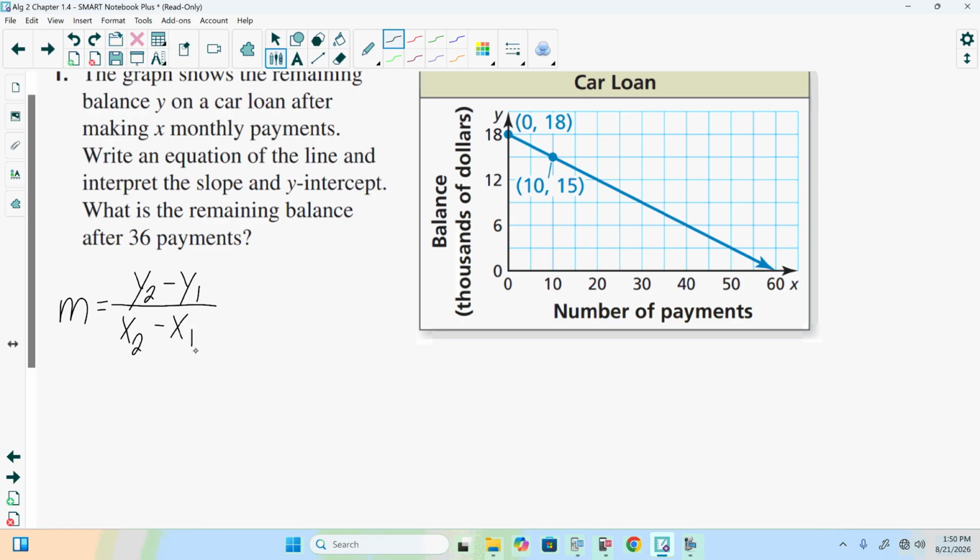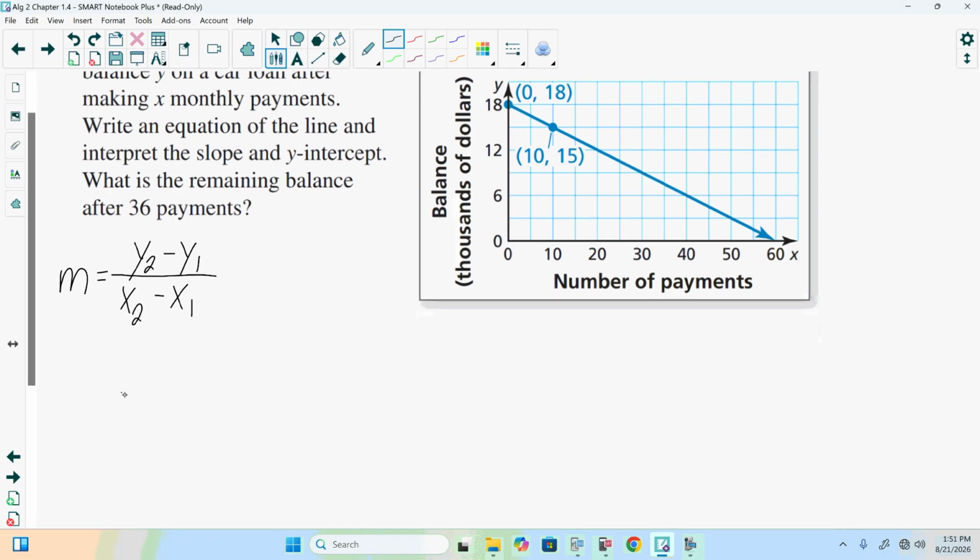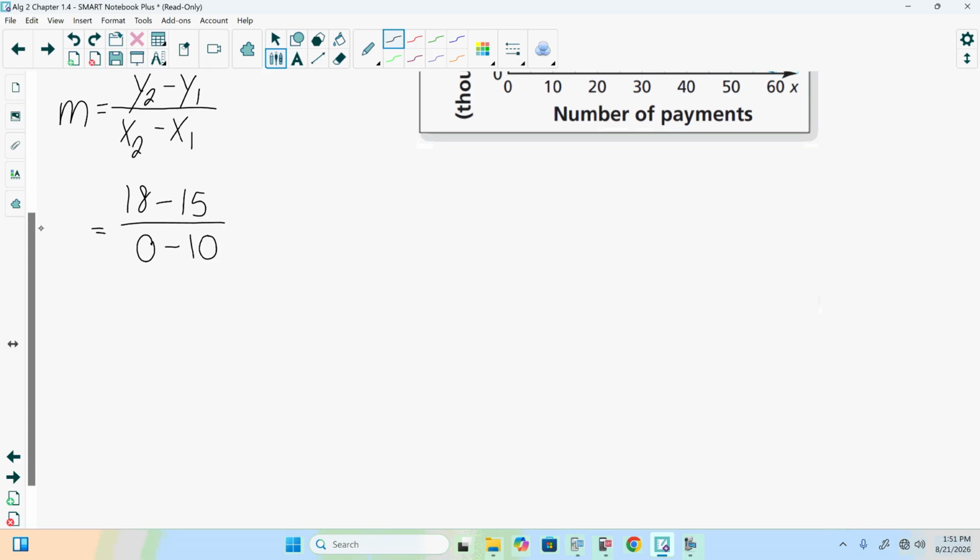Slope is y2 minus y1 over x2 minus x1. What y value do we want to use first? 18 minus 15. Since we used 18 first, its x value has to go first. Which would be 0 minus 10. Now we can do this by hand. 18 minus 15 is 0 minus 10.